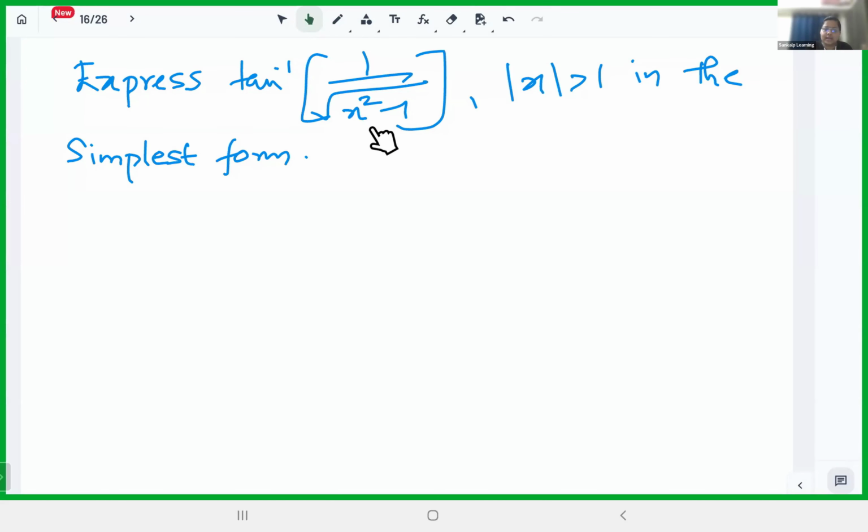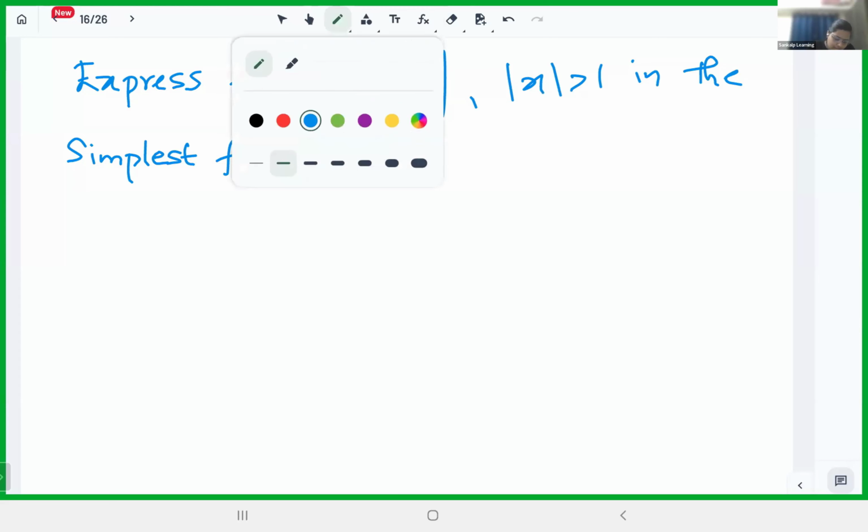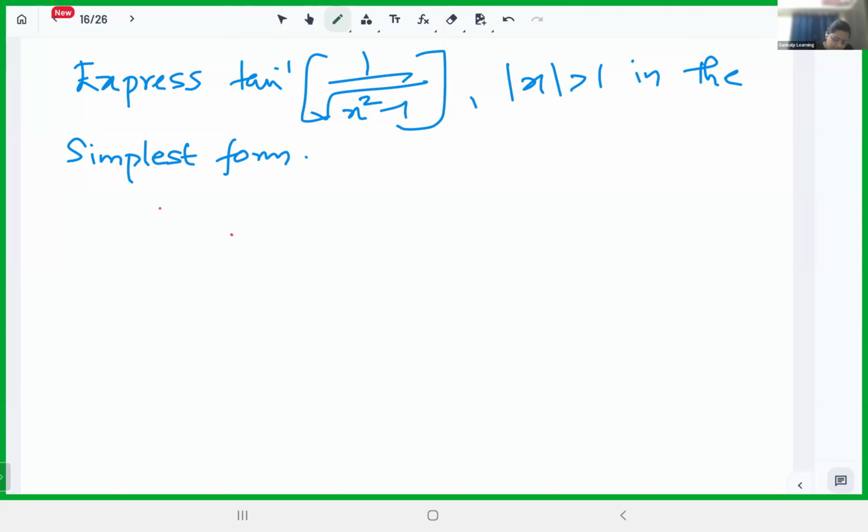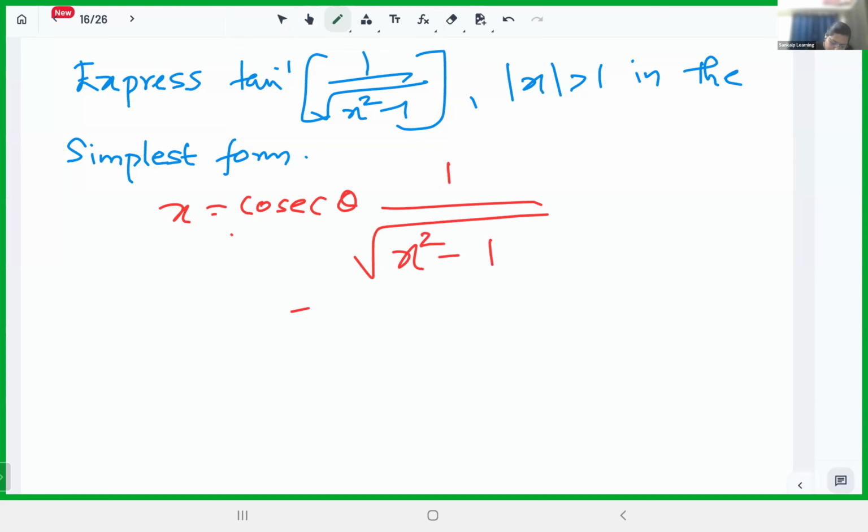So I have to think which value of x will make the denominator as cot x. So let's see, if I put x as cosec theta, what happens here? 1 by root of x square minus 1 will become 1 by root of cosec square theta minus 1.